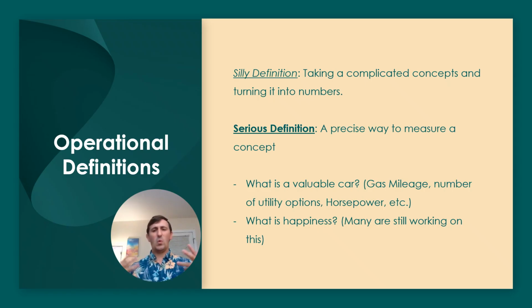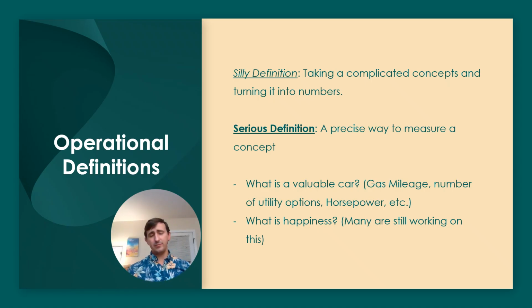Some people like to look at horsepower, braking speed. Some people like to measure their car based on how low it is to the ground or how high off the ground it is. And you can measure those things in inches. And now that we have a precise way to measure those, that would be some pretty solid operational definitions.